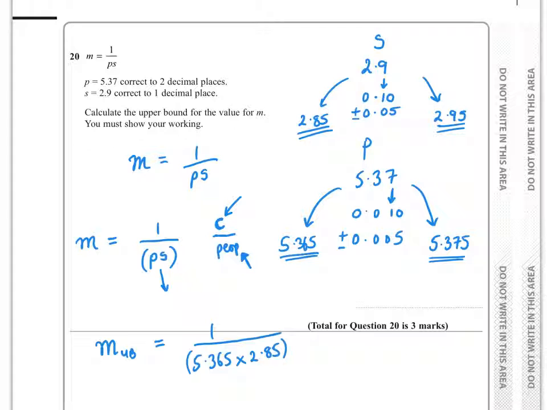So I've got 1 divided by bracket 5.365 times 2.85 close bracket. And that gives me 0.065401153.